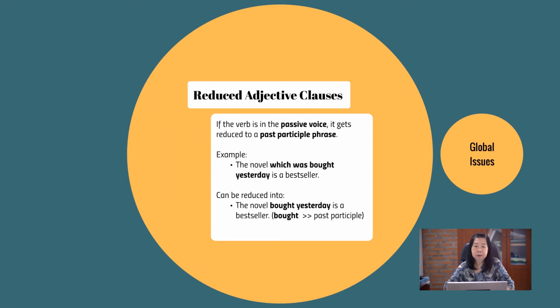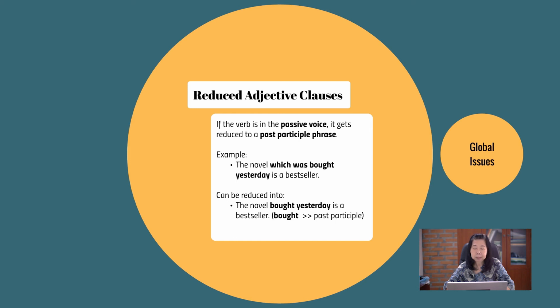Now, if the verb is in the passive voice, it gets reduced to a past participle phrase. Kalau kata kerjanya dalam bentuk pasif, maka di-reduce menjadi frasa yang mengandung kata kerja ketiga. For example, the novel which was bought yesterday is a bestseller.